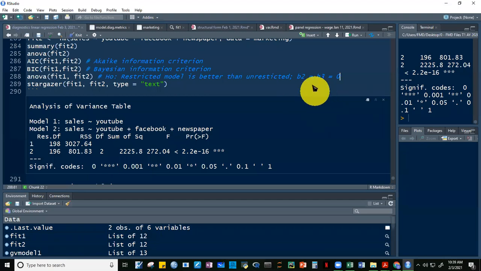Na it doesn't matter kung hindi natin idadagdag si Facebook at saka si newspaper. Kasi hindi naman sila significant predictors. Eh. And then, those are conclusion, guys. P-value is practically 0. So, we reject the null hypothesis na mas maganda si restricted model. Mas maganda si unrestricted. Si unrestricted, yung mas maraming covariates, mas maraming predictors.